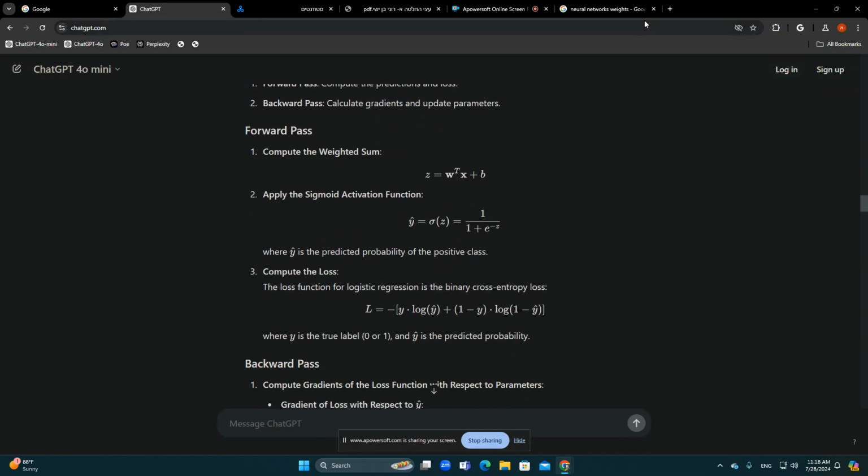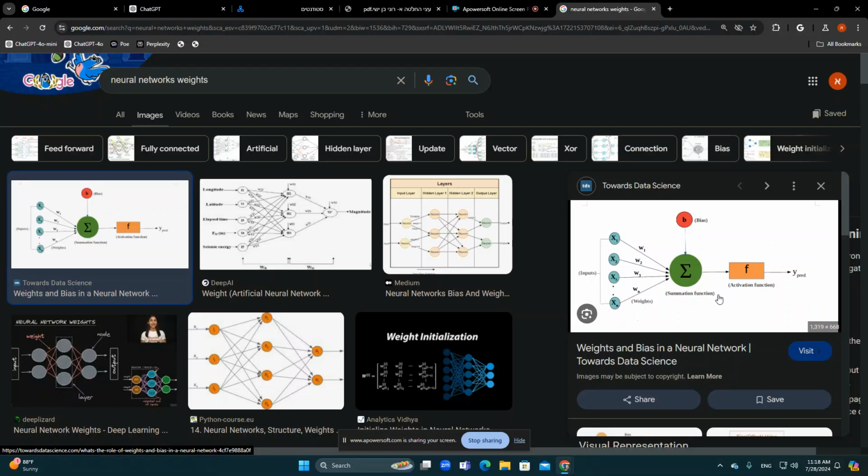So I wish you saw how this idea is done. Those are the x's, those are the weights, summing them up with the bias, and applying the activation function. In the case of logistic regression, this is the sigmoid function, getting a prediction, calculating the loss, calculating the derivative with respect to w's, with respect to b, using the chain rule, and then updating the weights and the bias to get a better model.